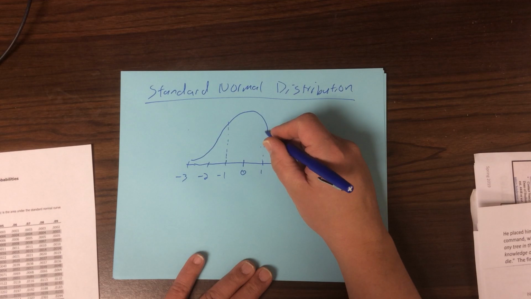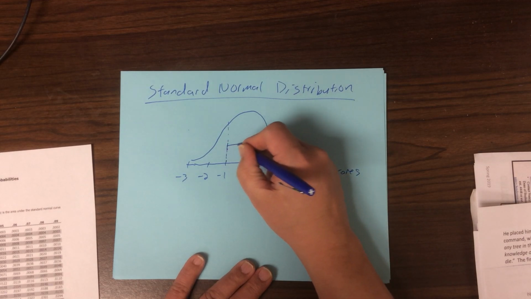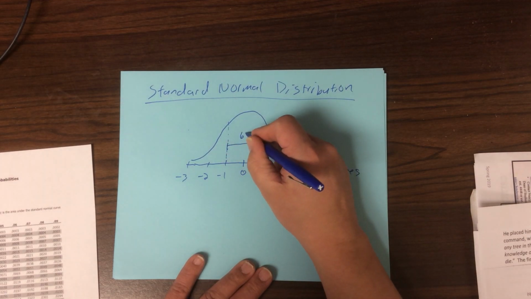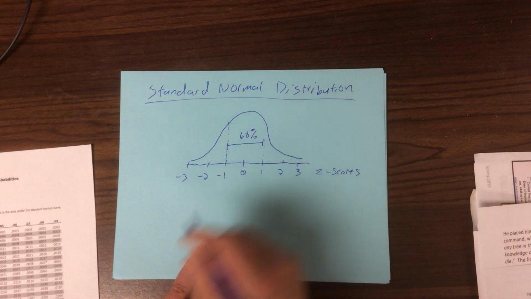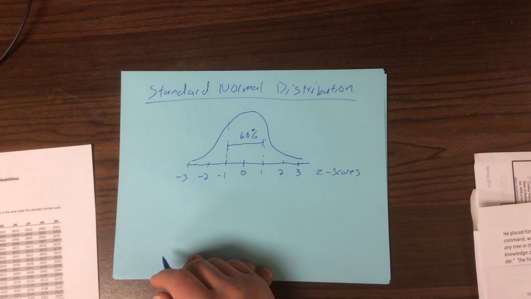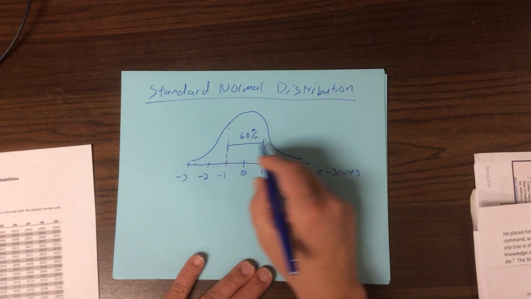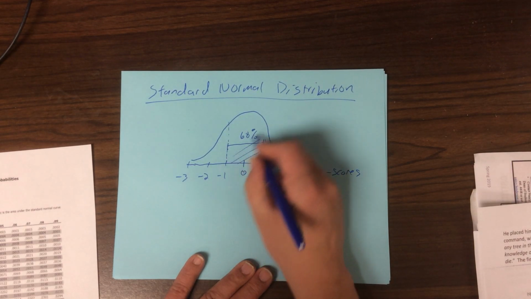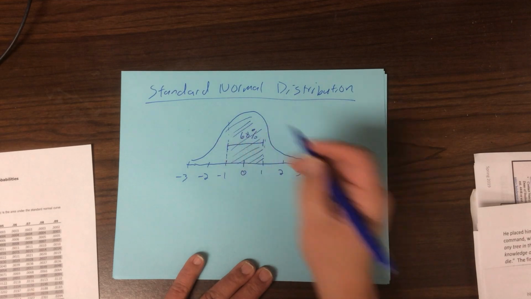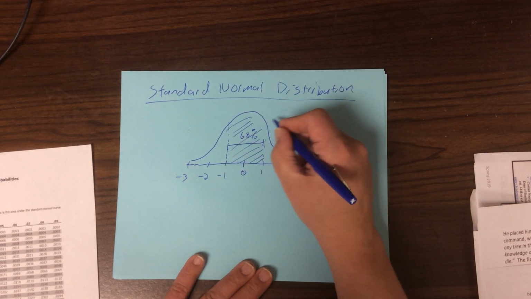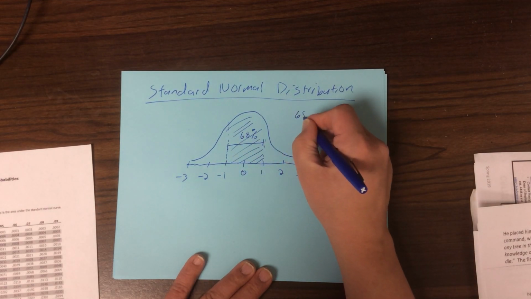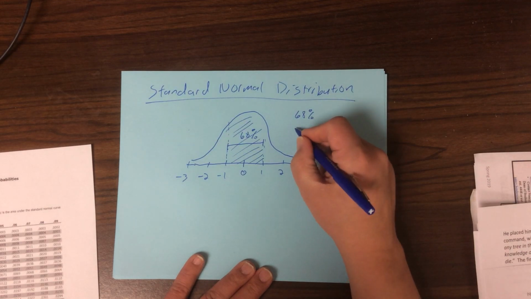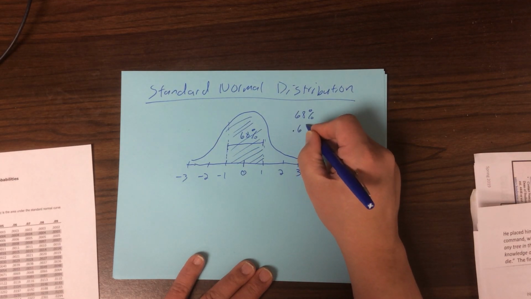Okay, so remember, within one standard deviation there was 68% of the area. Or I should say 68% of the data. So this portion here is 68% of the data. Now, the area is just the decimal form of that percent.